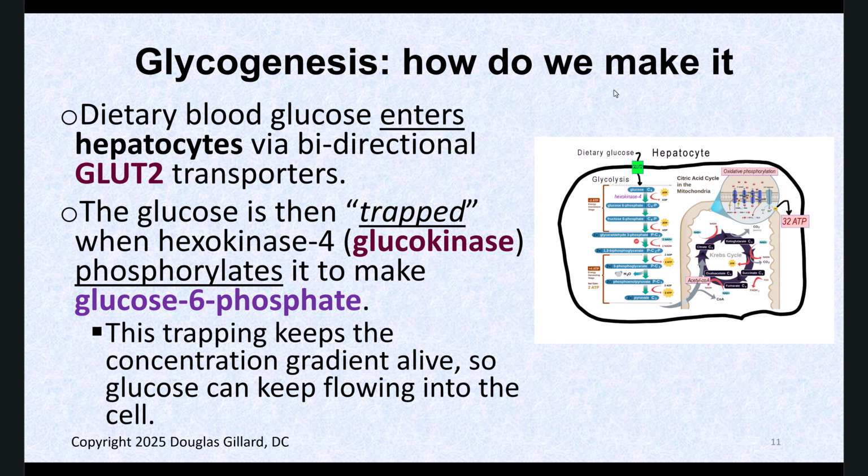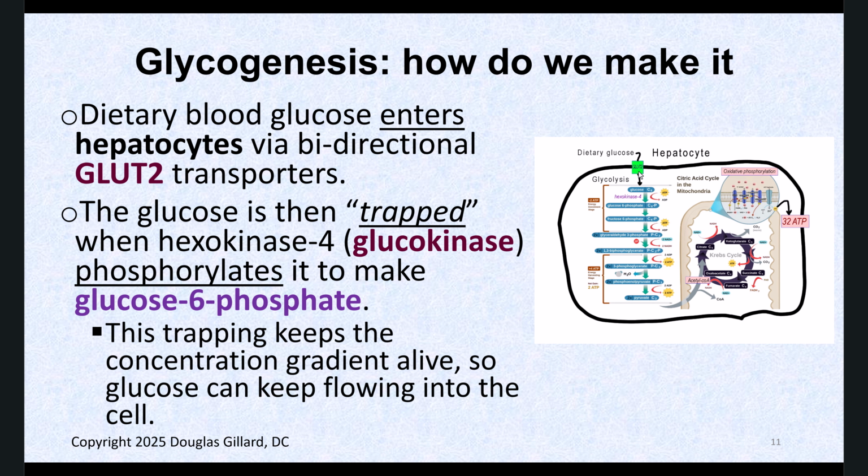Great. How do we make it a little bit deeper? So here's a hepatocyte, a cartoon of it, and there's a key transporter that you need to know. You just ate a bunch of food, and now the glucose is flowing through your blood. So you have a GLUT2 transporter. You do need to know that.